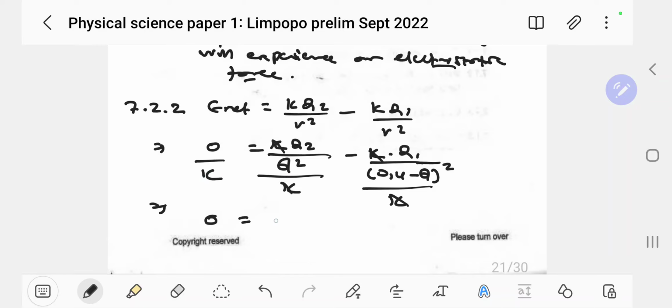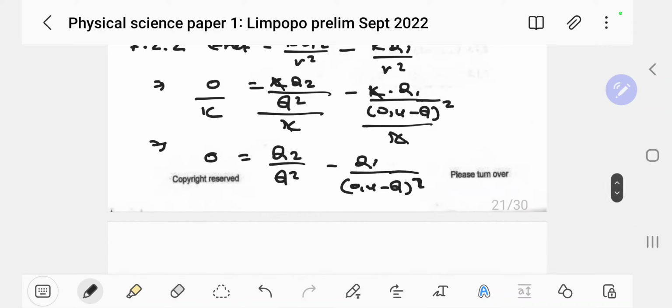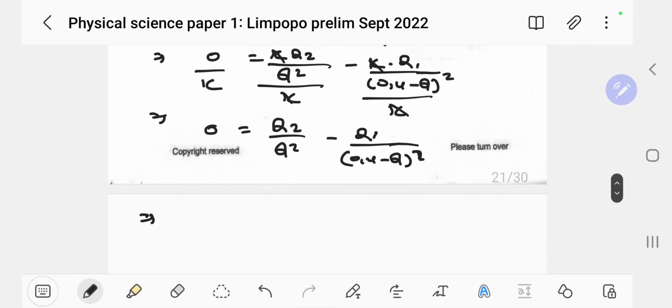So we have 0 is equal to Q2 over d squared minus Q1 over (0,4 minus d) squared, okay? Now we can transpose the other one, say Q1 over (0,4 minus d) squared, equals Q2 over d squared.